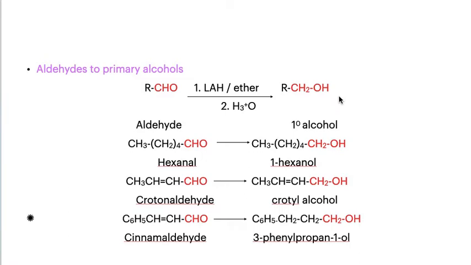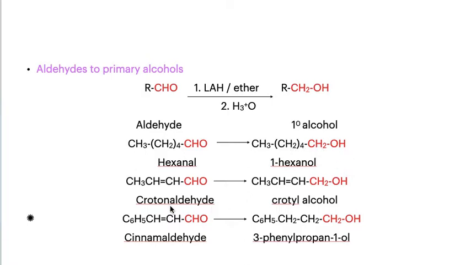In this case, there is the conversion of the CHO aldehyde group to the CH2OH primary alcohol group. Let us see the example hexanal, CH3(CH2)4CHO. On reduction with lithium aluminum hydride, it forms 1-hexanol, CH3(CH2)4CH2OH.